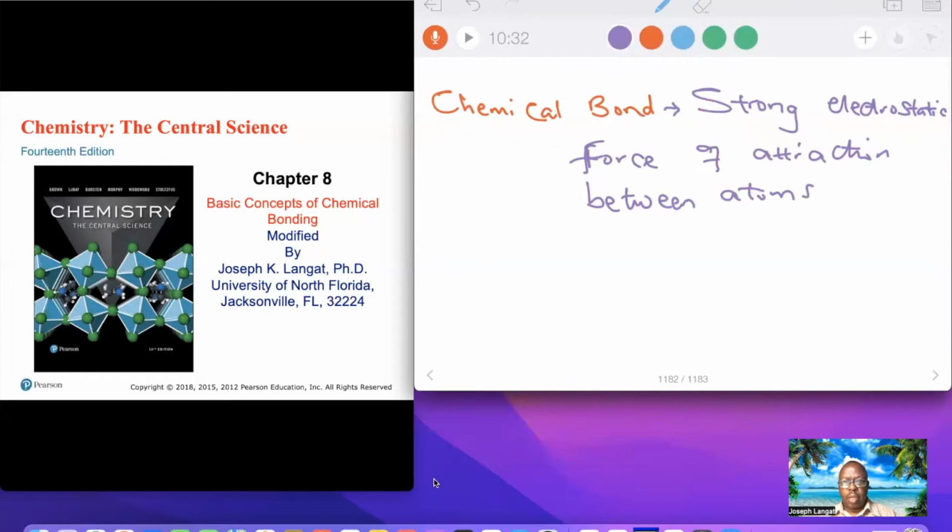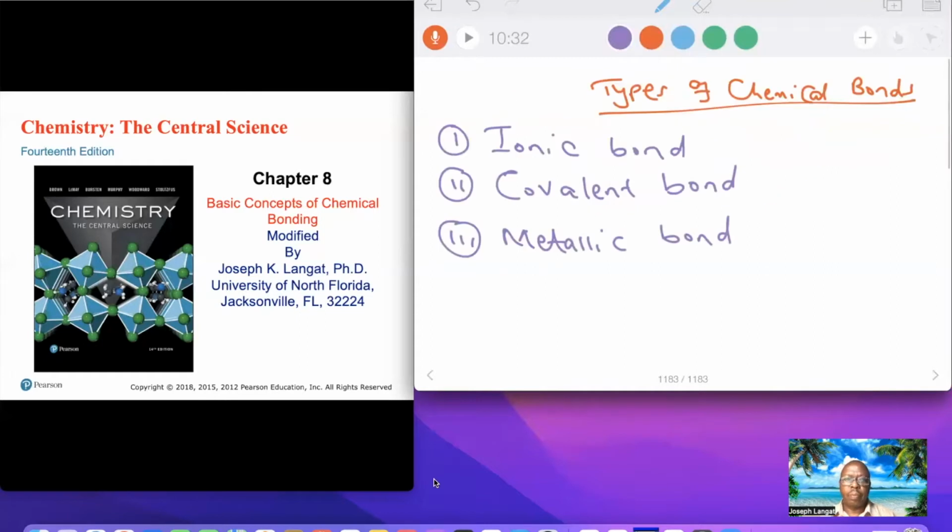And there are three types of bonds we will cover in Chapter 8. I know for those who took chemistry, you are aware of the three types. The first one, ionic bond, covalent bond, and metallic bond. We will see each one of them as we go along with our lecture.